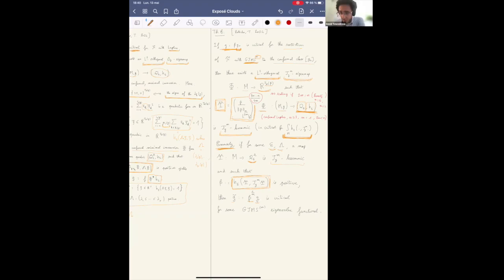There are probably a bunch of results a little bit like that for critical metrics on graphs, where you allow weights on edges. It's much easier, but maybe it could be a funny exercise.